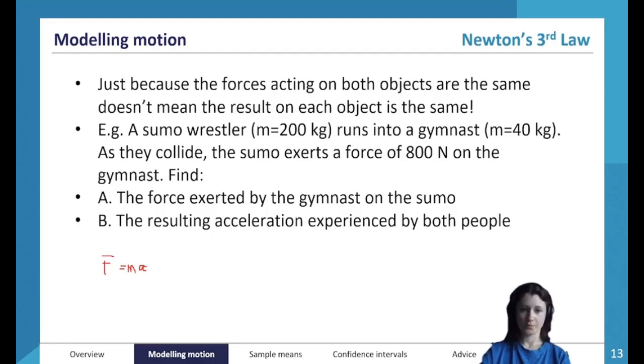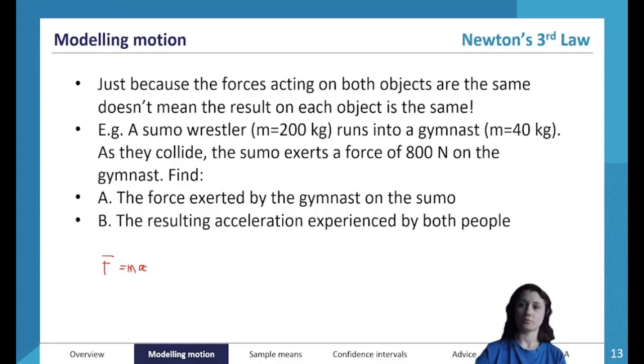So, we know that the sumo exerts a force of 800 newtons on the gymnast. So the force exerted by the gymnast on the sumo is also going to be 800 newtons.